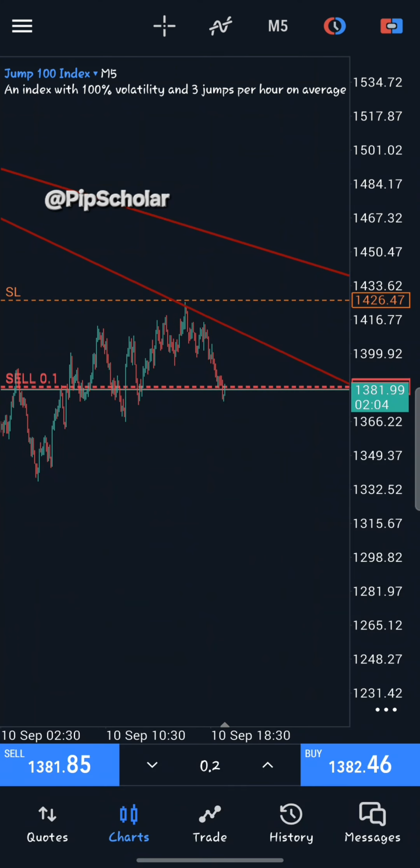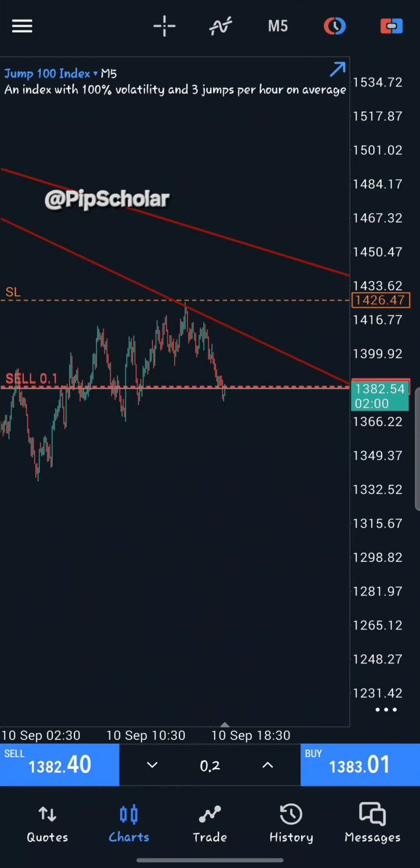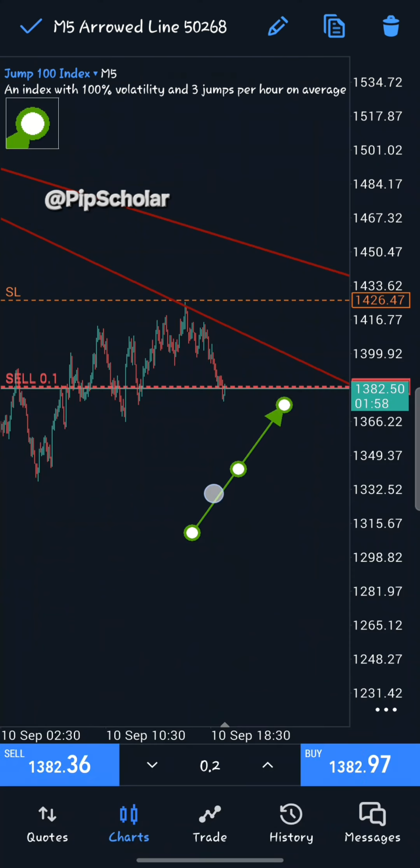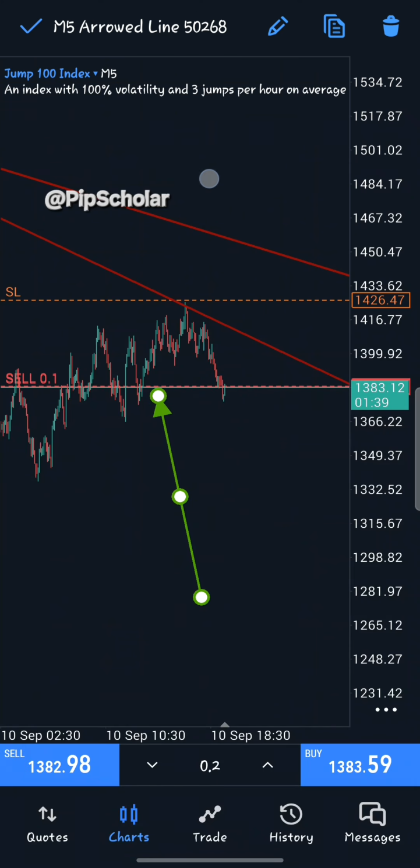Now this is the 5 minute. I take my trade on the 1 hour, but I also use this for confirmation. So this is the M pattern, 1, 2, 3, 4. Some people call it a double top, but I like to refer to it as the M pattern. That is a strong confirmation for my entry.